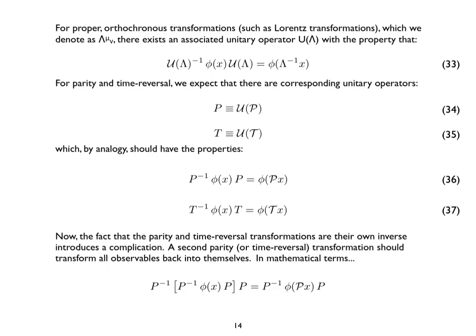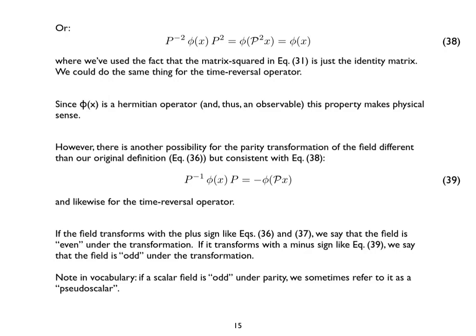Okay, but the thing we know about, say, parity is that if we operate again, we should get back to where we are. Right? If we operate once, we inverted space, and then if we invert space back, we should get back to where we are. So that meant that if we do two operations, we should get back to the scalar field. And that's all fine and good. I mean, we all accept that from classical mechanics and in quantum mechanics as well.